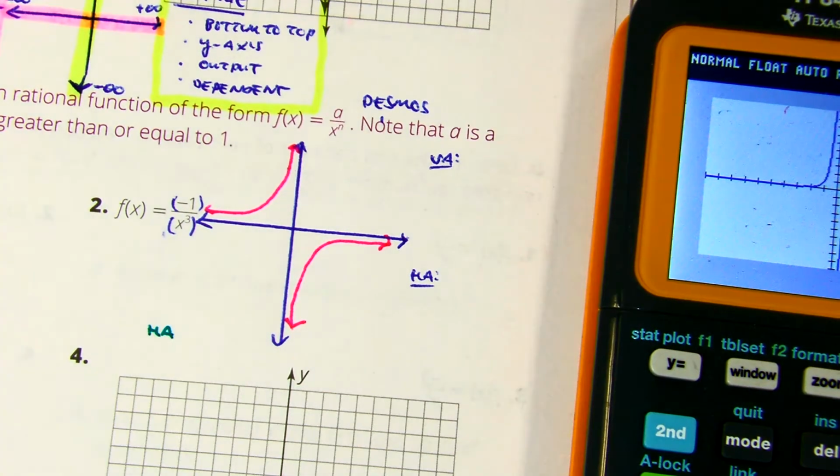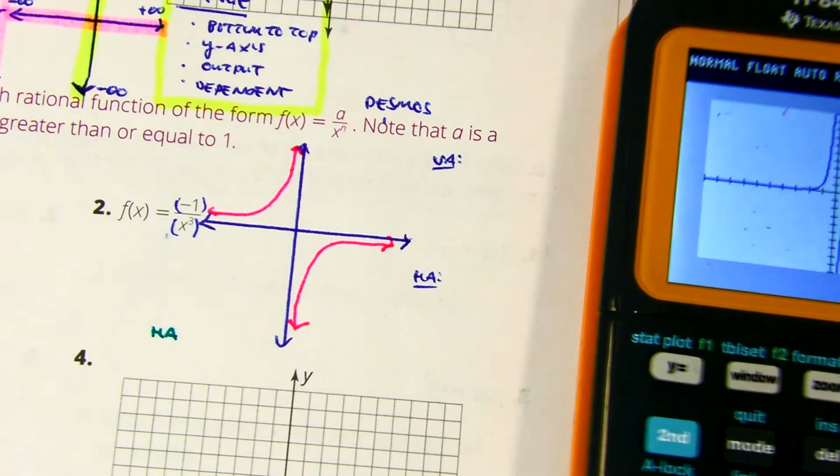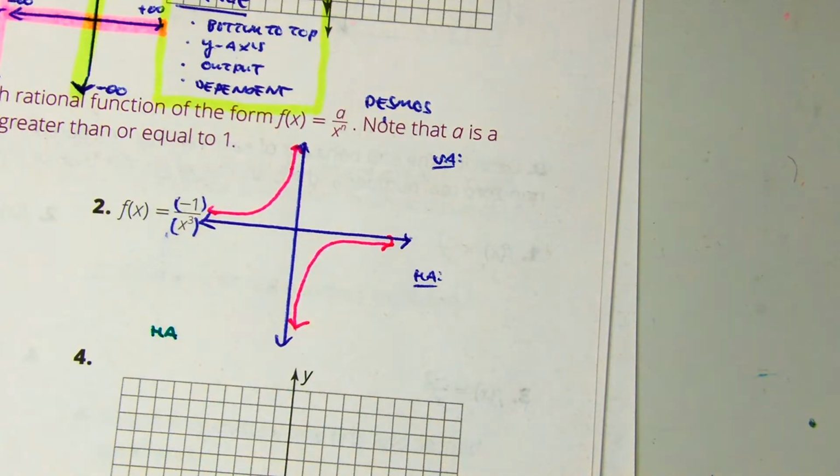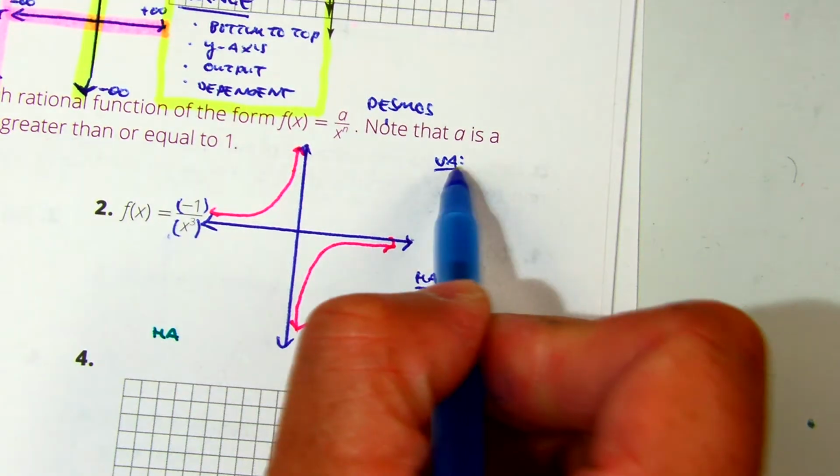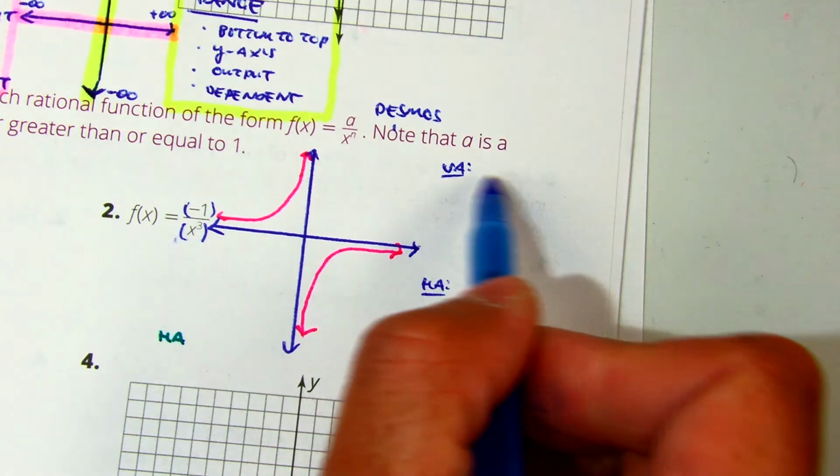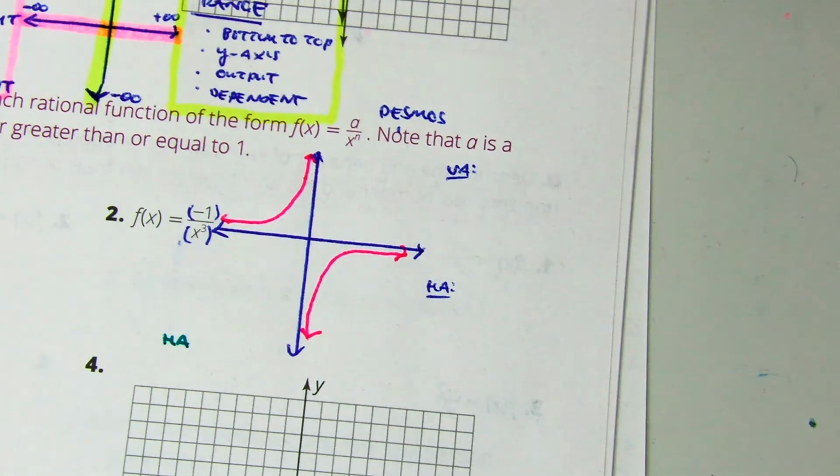Raise your hand if your graph looks like that. Okay. Partner A, I want you to take 10 seconds, explain what the vertical asymptote is, what's the answer, and then partner B, do the horizontal asymptote. You guys should take 10 seconds each.